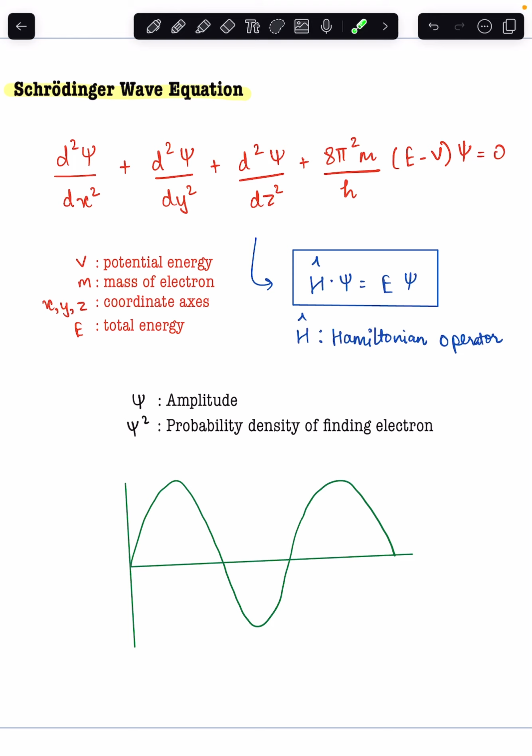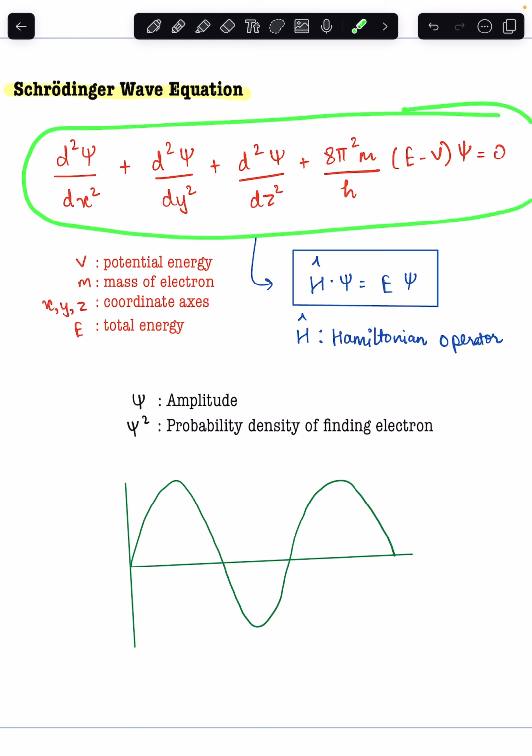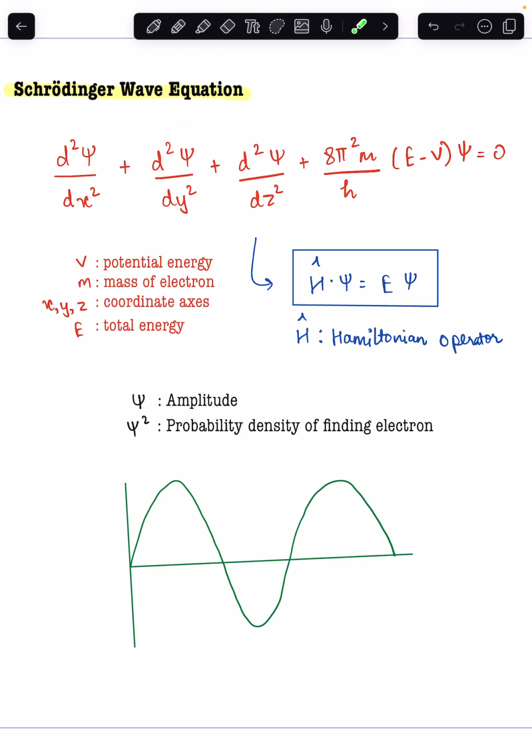So we'll start with the Schrodinger wave equation. I have written the equation down here. This is the whole equation. Now this seems very complex, but you should memorize it, because I remember this equation was asked directly in a PYQ or in a question when I was practicing.